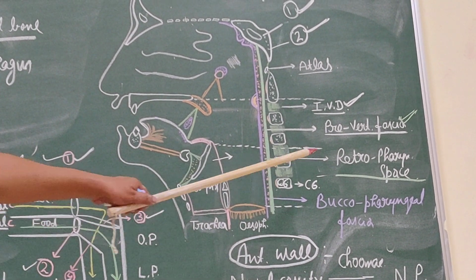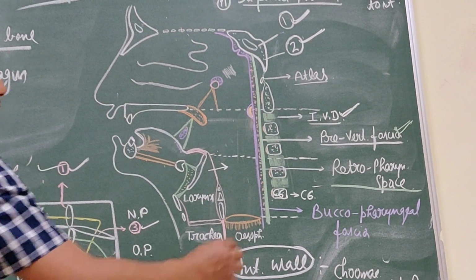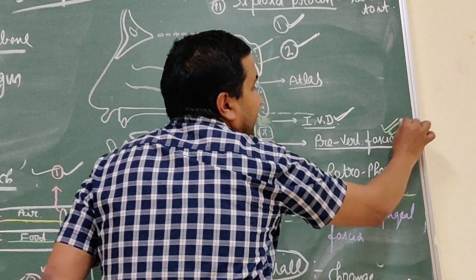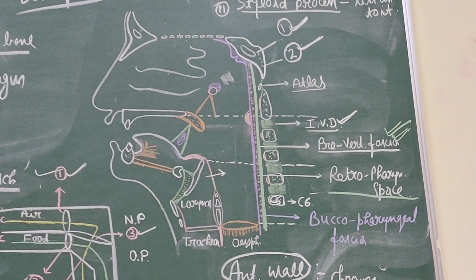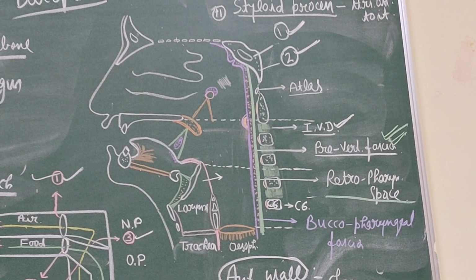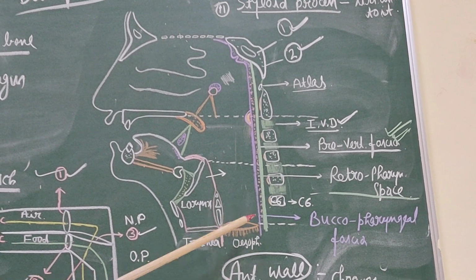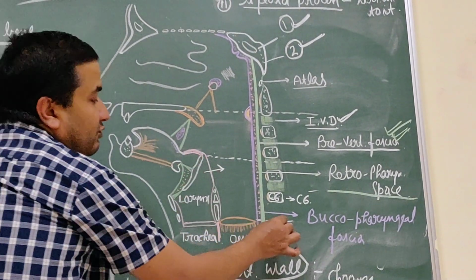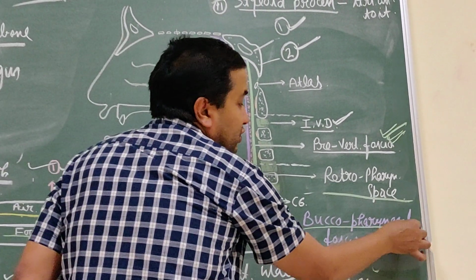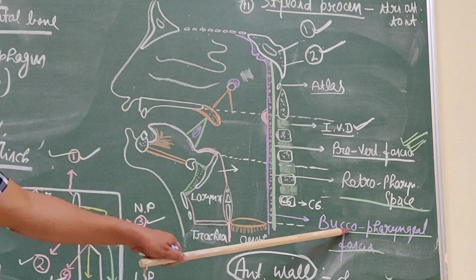This retropharyngeal space is posteriorly bounded by the prevertebral fascia, which covers the prevertebral and paravertebral muscles. Anteriorly it is bounded by a layer of the pharynx, which we will discuss later on. This layer is known as the buccopharyngeal fascia.